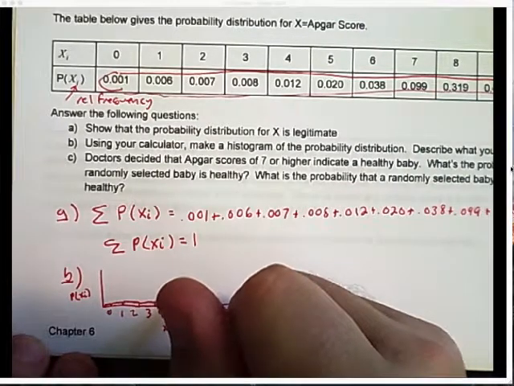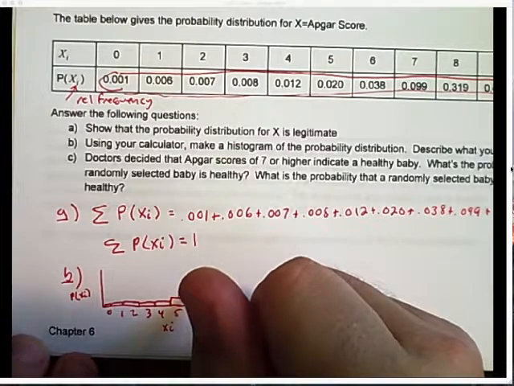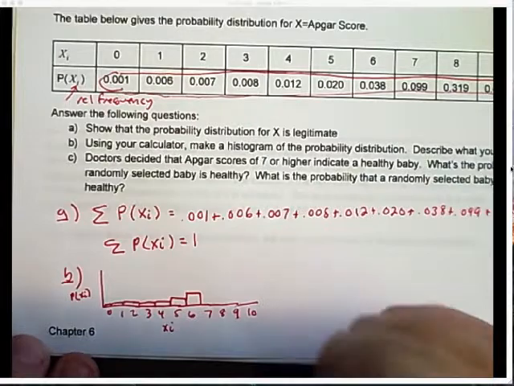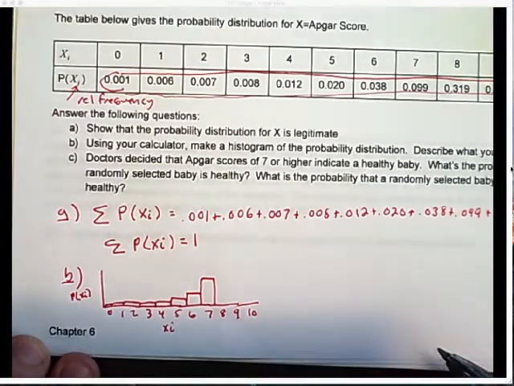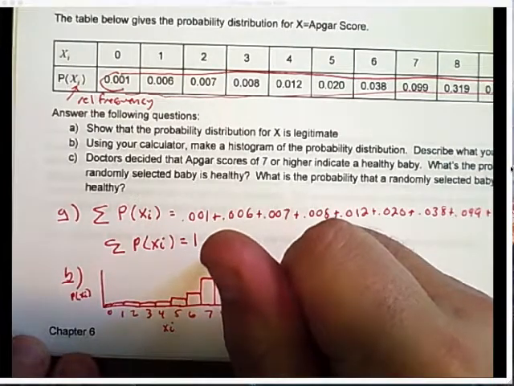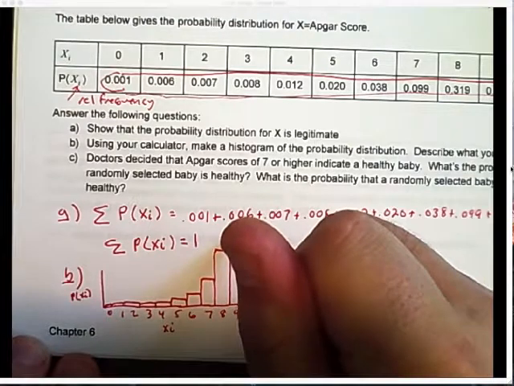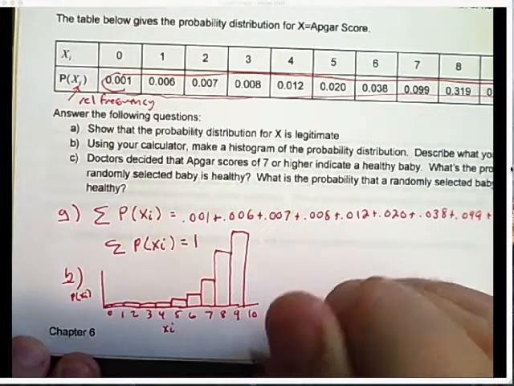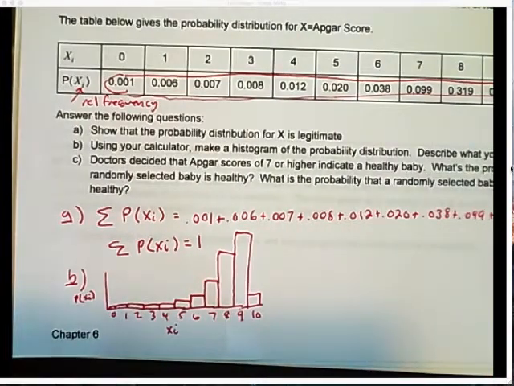Then it gets a little bit bigger. So it kind of looked like that. That's what our relative frequency histogram looks like.